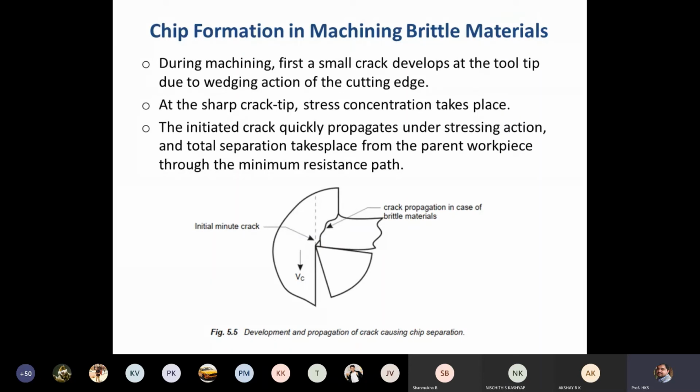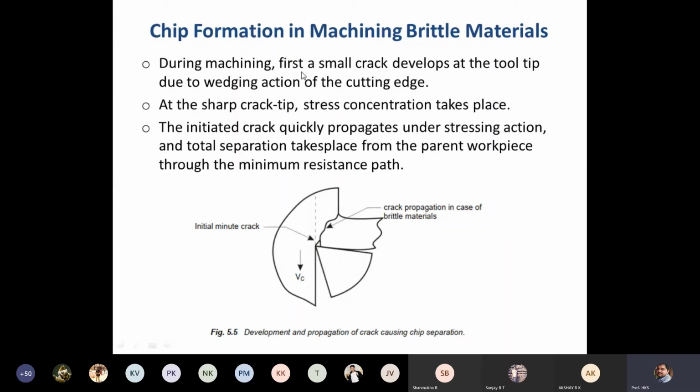Examples for ductile materials are mild steel, copper, aluminum. We already discussed chip formation in machining ductile materials. In case of ductile materials, you saw formation of continuous chips, whereas in case of brittle materials it is not possible to get continuous chips. You get broken chips.